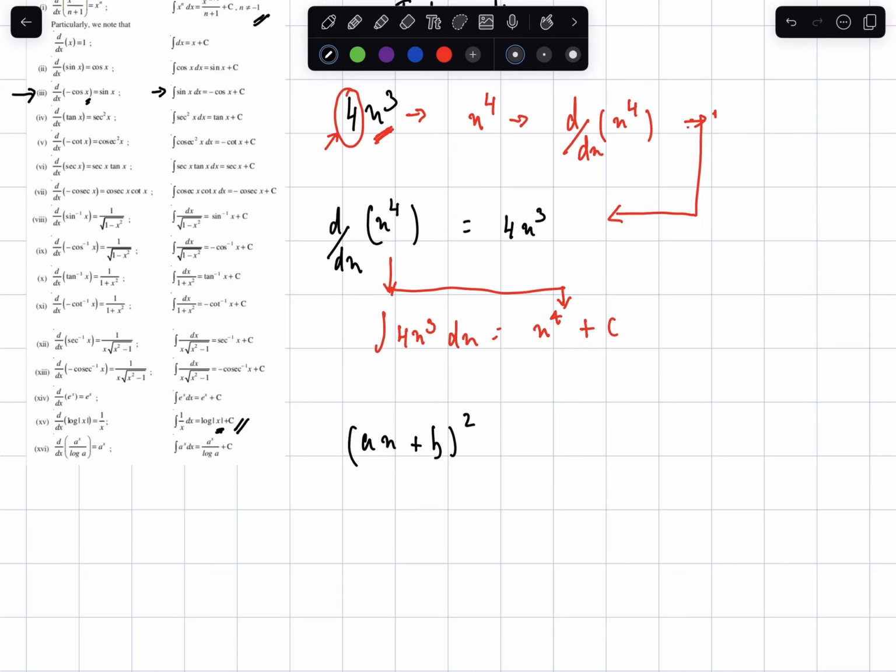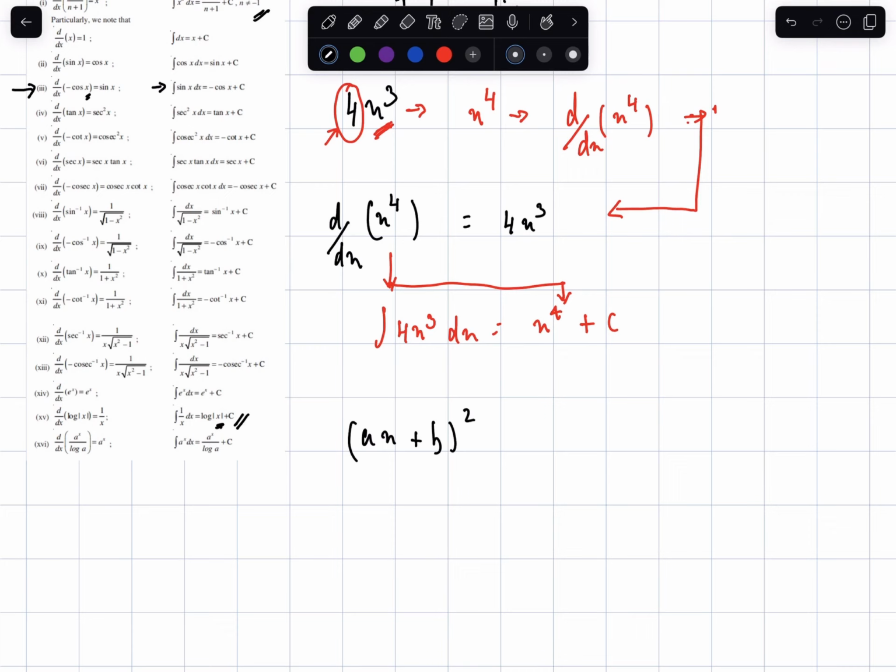Okay, so what do you do? You follow the same algorithm: increase the power by 1, and then differentiate it. So let's do that. d by dx of ax plus b, now increase the power by 1. So 2 plus 1, which is basically 3.